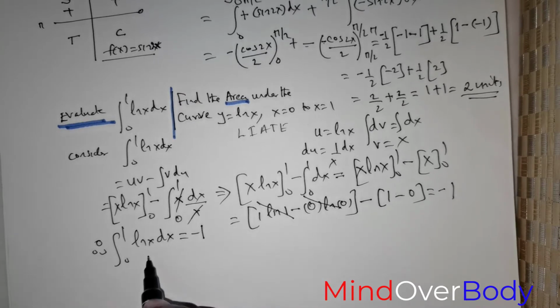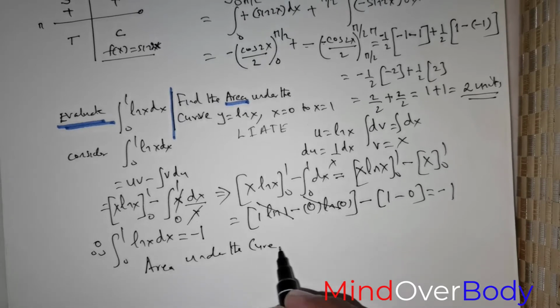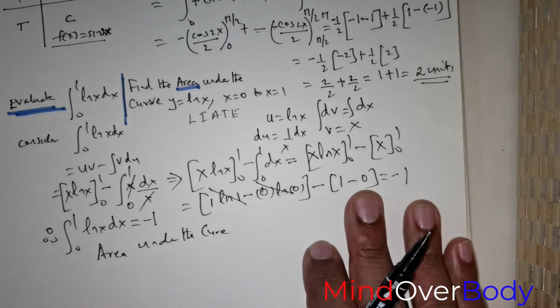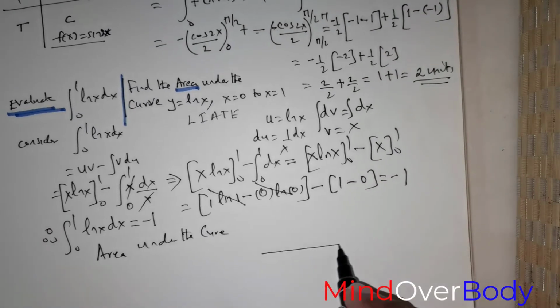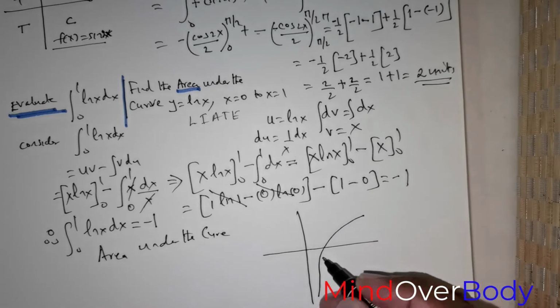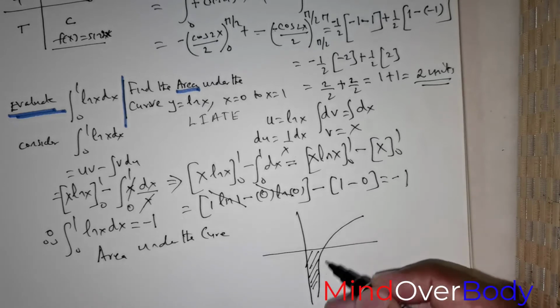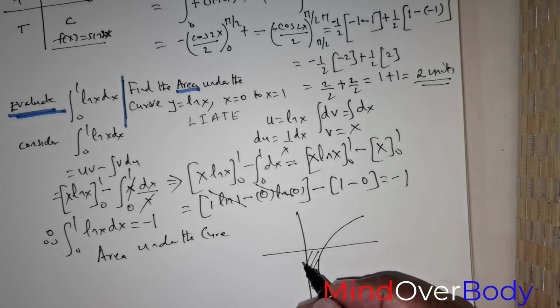But when it comes to area under the curve, what they're asking us is to obtain this region. If I were to draw the graph, it would look something like this, right? So they want this region, the area enclosed by this particular curve.